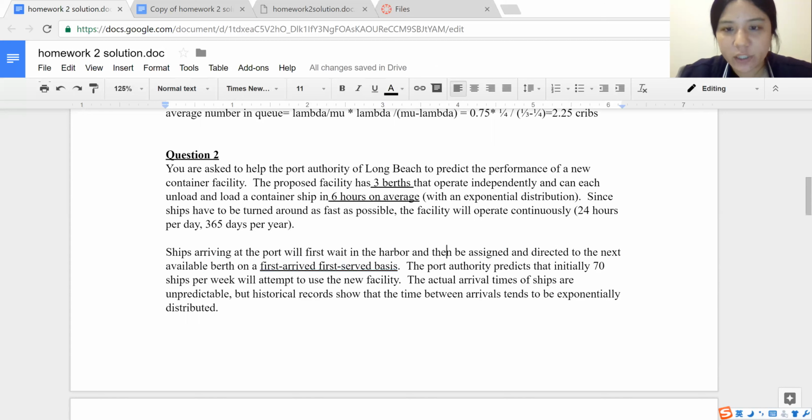The Port Authority predicts that initially 70 ships per week will attempt to use the new facility. The actual arrival times of ships are unpredictable, but historical records show that the time between arrivals tends to be exponentially distributed.